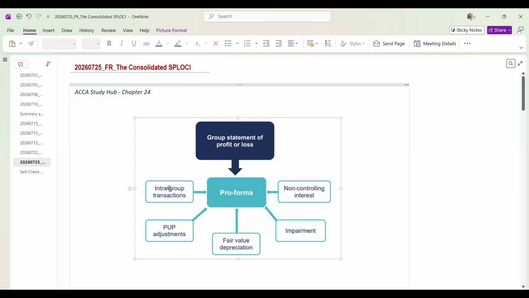These are the problems FR exam questions will talk to you about. We're going to learn how to deal with these problems. My hope is that by the time we are done, there is no way you should be scoring less than half, that's less than 50% of the marks available, when you are asked to prepare group accounts, group statement of profit or loss.